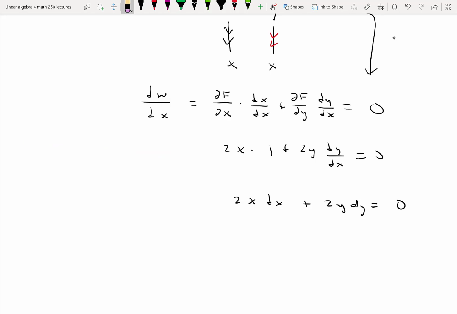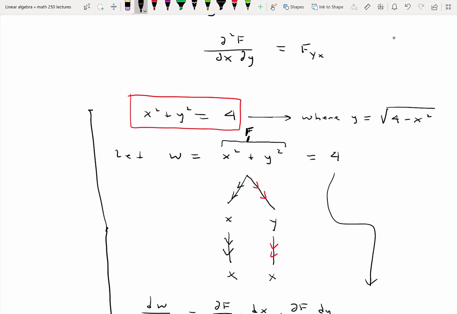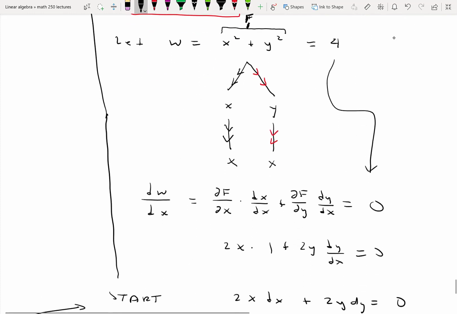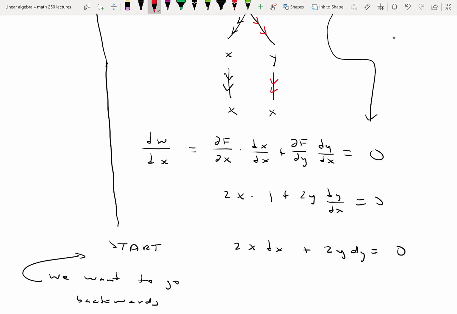We want to go backwards from this. Start here with a differential equation, and go backwards, and get the solution, the implicit solution. Okay, so I want to reverse these steps.